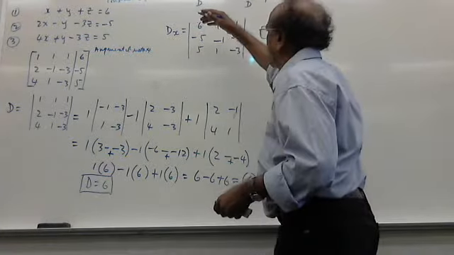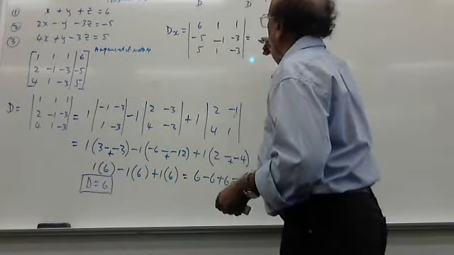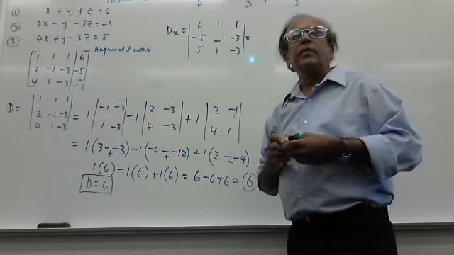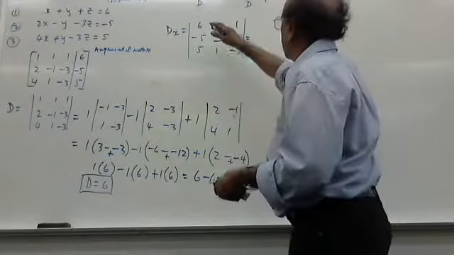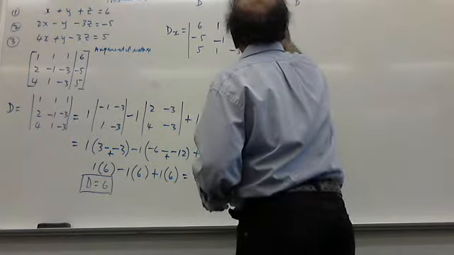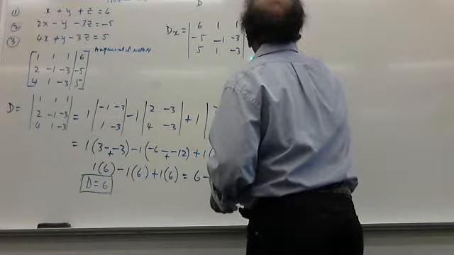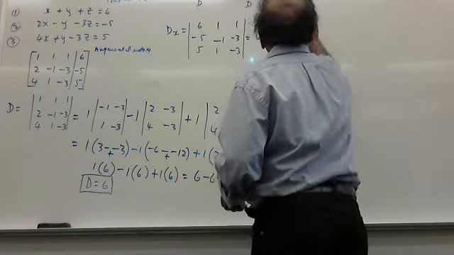So I'll expand here by this first row. Remember, we are not going to be using elements in the row and column where this number lies. So we have a 6 here, and then we are going to use -1, -3, 1, and -3.